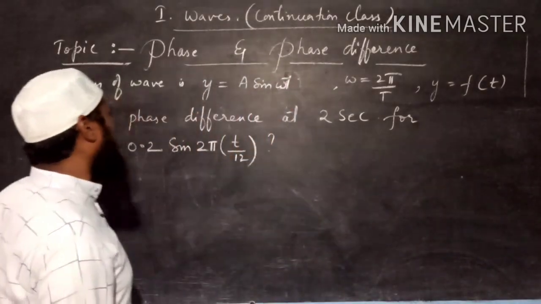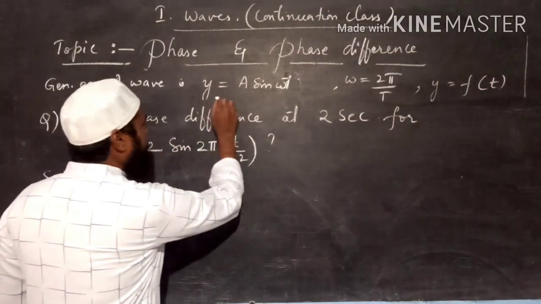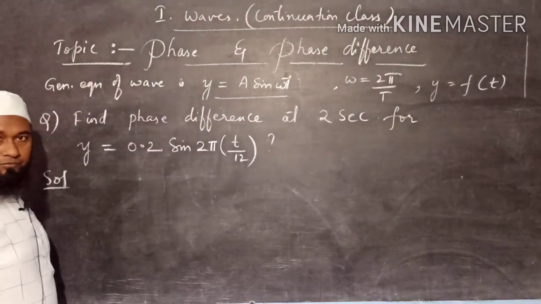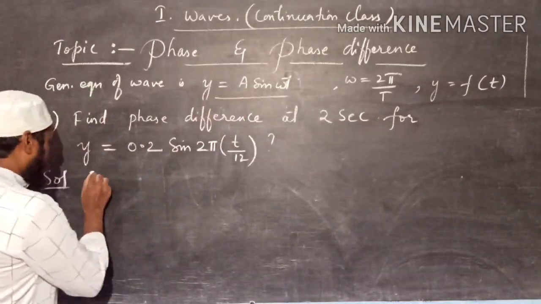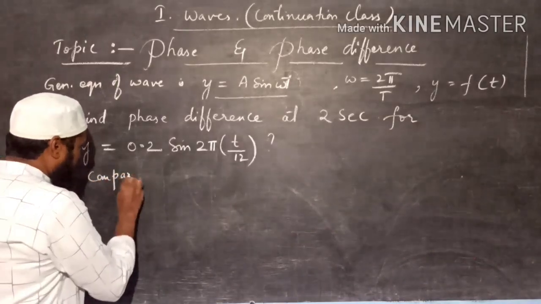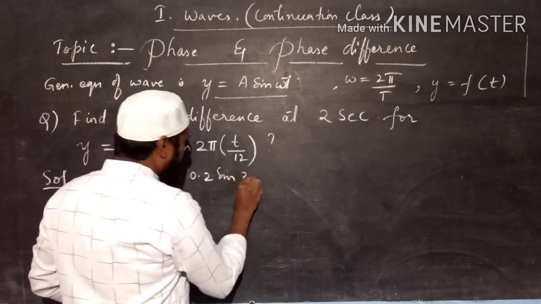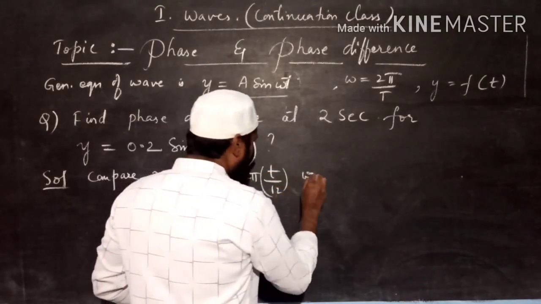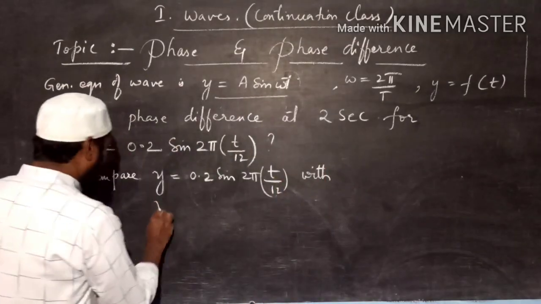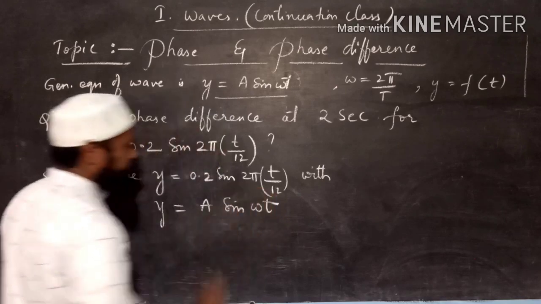Very simple, what you have to do here: you have to compare this given equation with the general equation of wave. Compare y equal to 0.2 sin 2 pi t by 12 with y is equal to a sin omega t.